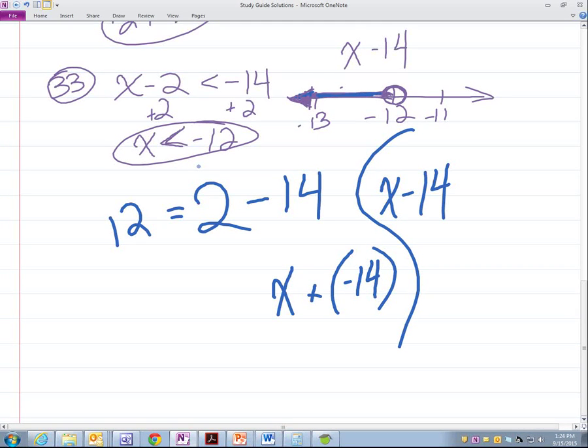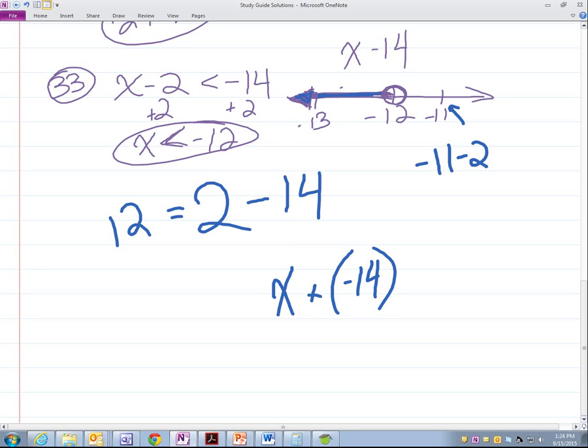That's what I was trying to represent when I said that this purple-blue line, any value, is going to go infinitely negative. Any value that you put in for x, when it's true, it'll fall on that line. When it doesn't fall on that line, it's not true. So, for example, let's try negative 11. I have negative 11 minus 2 is less than negative 4.